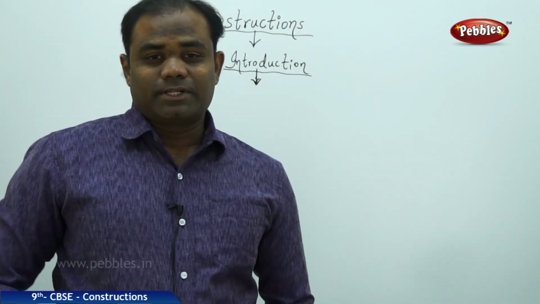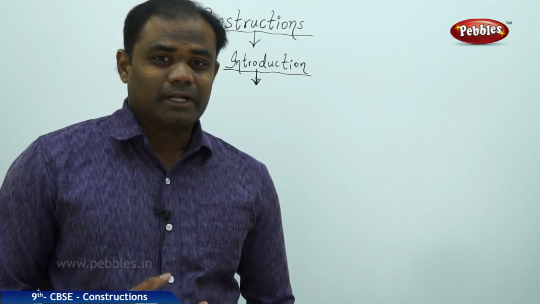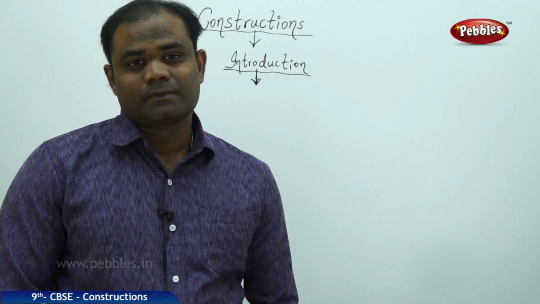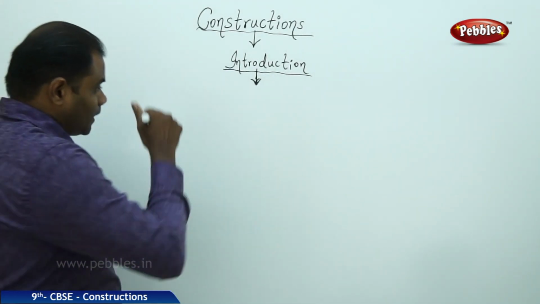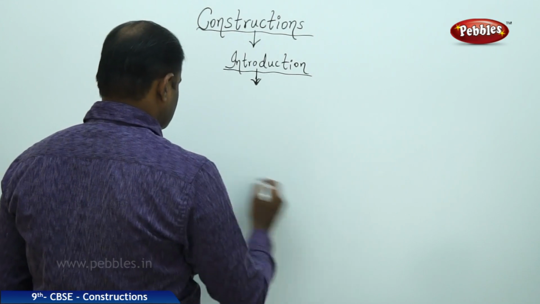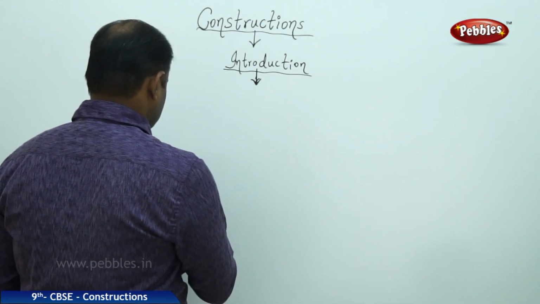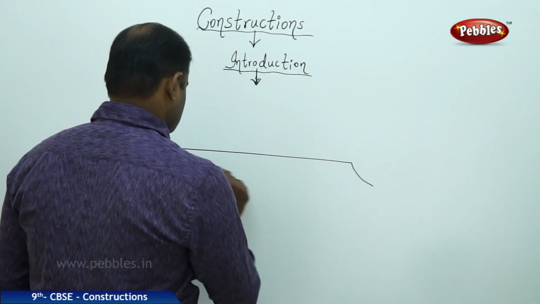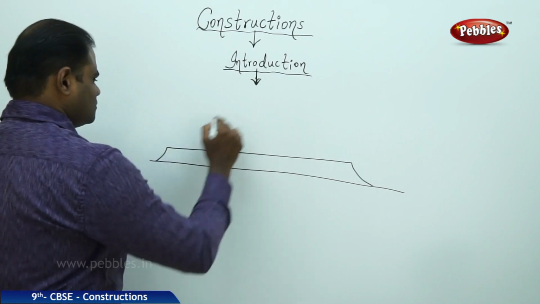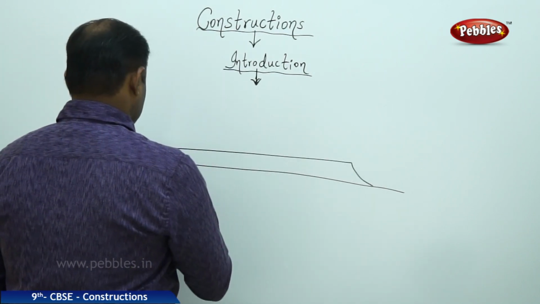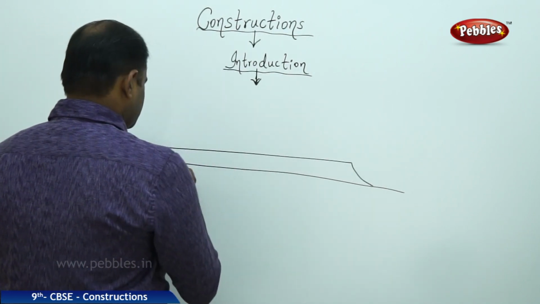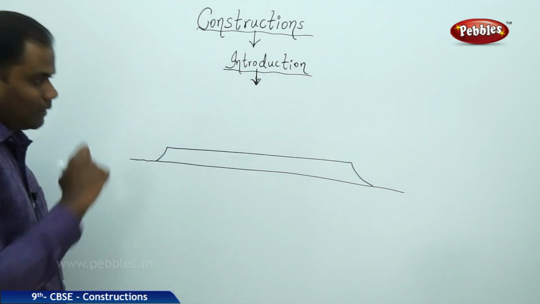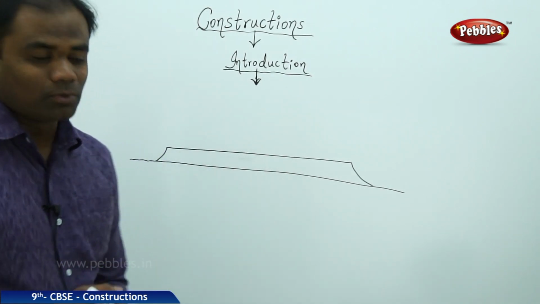Before we get into understanding construction in detail, let's look at a real life situation. For example, I have a bridge. This is the bridge along which I would like to construct a support.